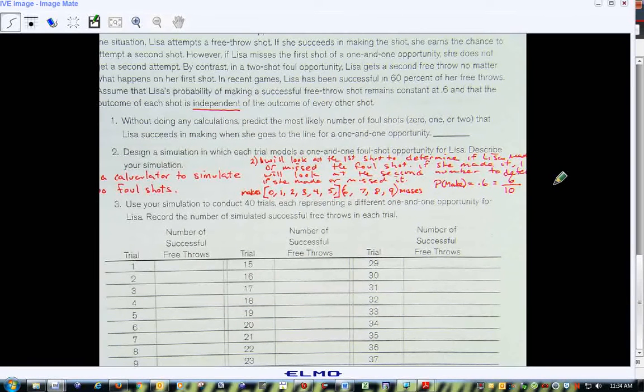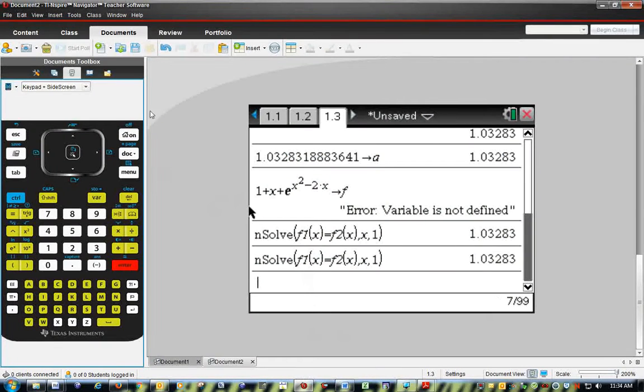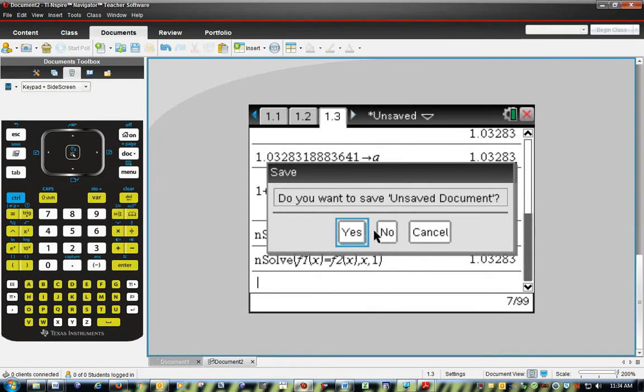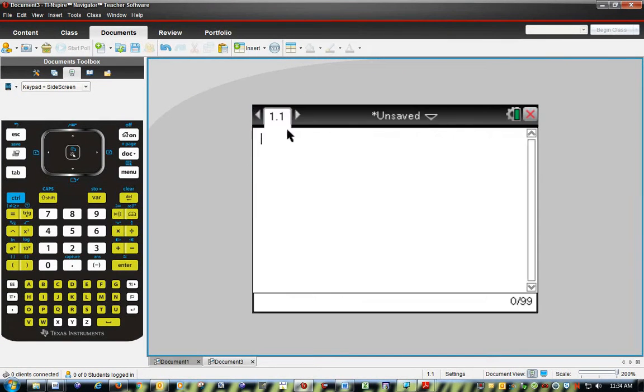So here's what it's going to look like. If you go to your calculators, open up a new document. You want to not save that. And then you're going to want to be in a calculator. This is the easiest way to do it.